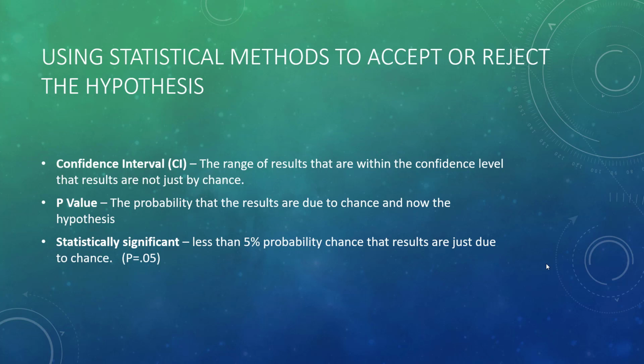The example here is P equals 0.05. That's a 95% confidence interval. What it's saying is that if you have a 0.05 p-value, we are 95% confident that our data is statistically significant and it is not due to chance. The higher the p-value, the more chance there is that your results are due to chance or dumb luck.